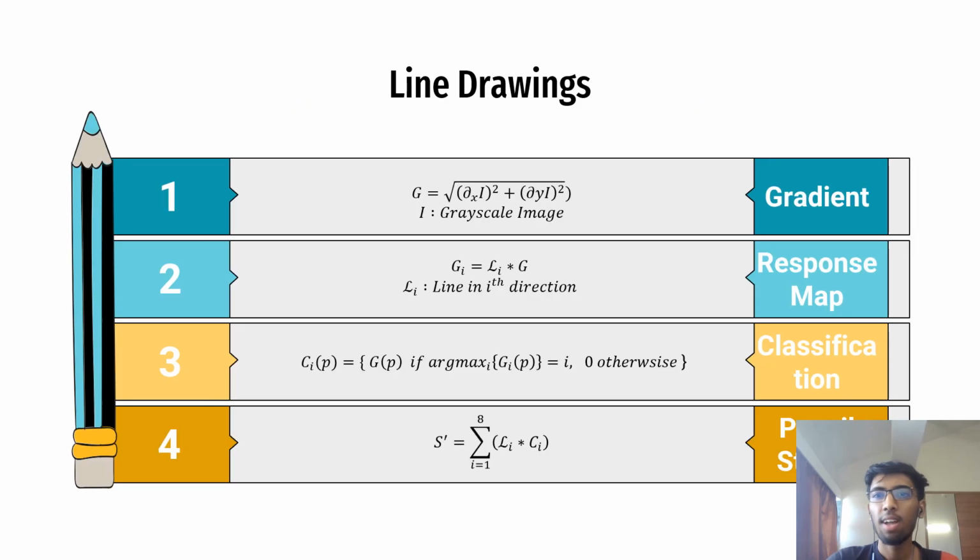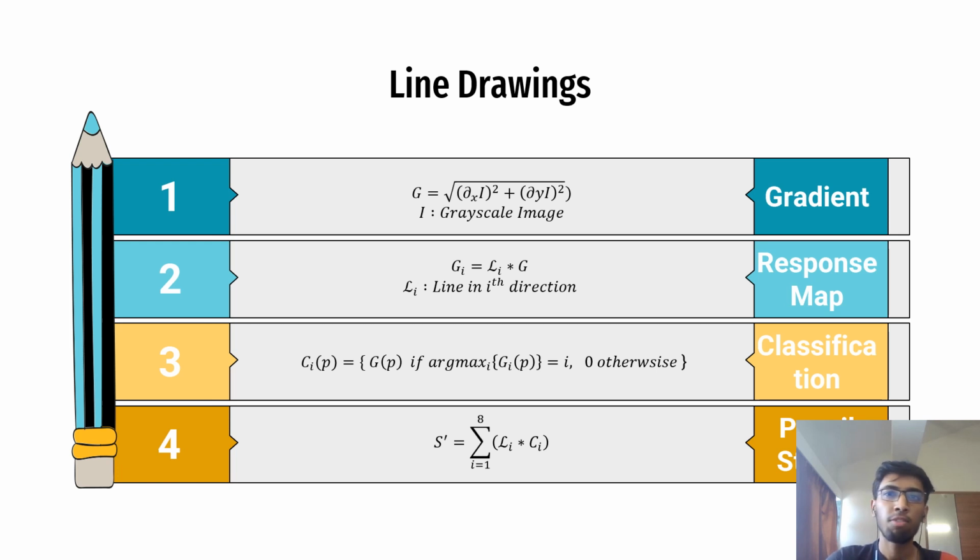So now let's move on. First is the line drawing. As I said earlier, in order to draw the lines we need to find the edges, because edges will be similar to lines. We have used the first order derivative, which is the gradient method, to find the edges.